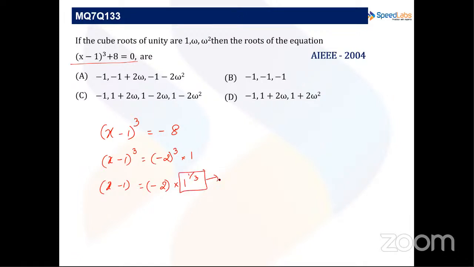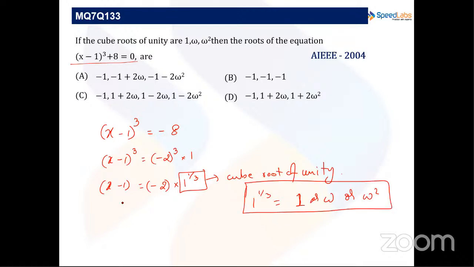So this will give us the cube root of unity. So x minus 1, we know the cube roots of unity are either 1, omega, or omega square.